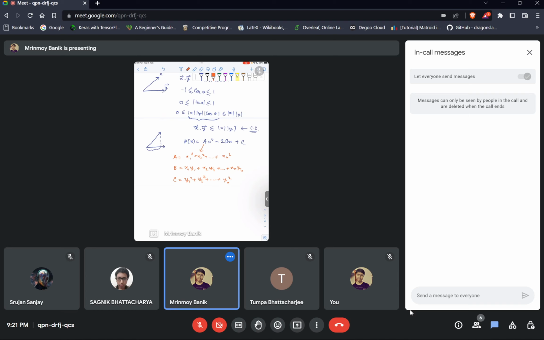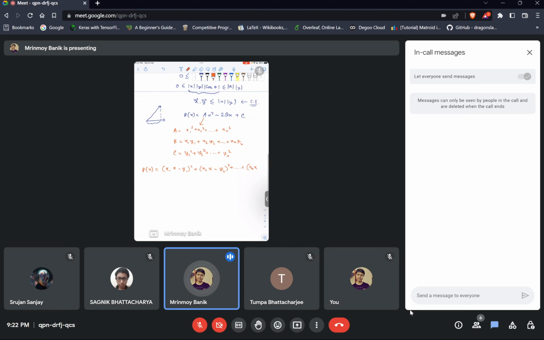Now, observe that we can write p(x) as (x1 x minus y1) squared plus (x2 x minus y2) squared, like that up till (xn x minus yn) squared.